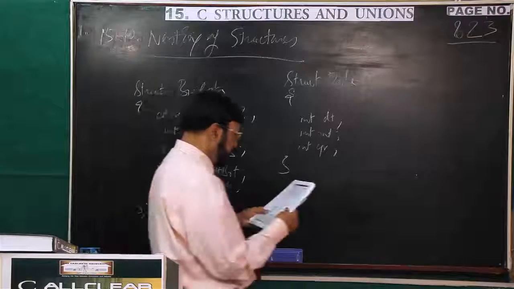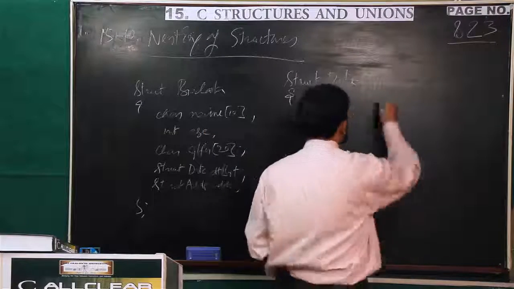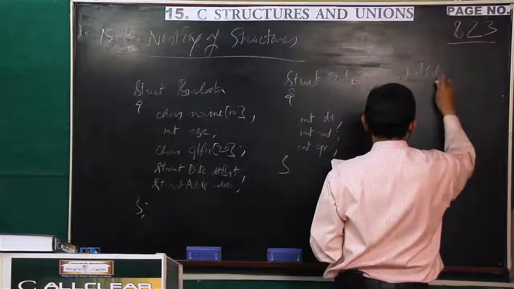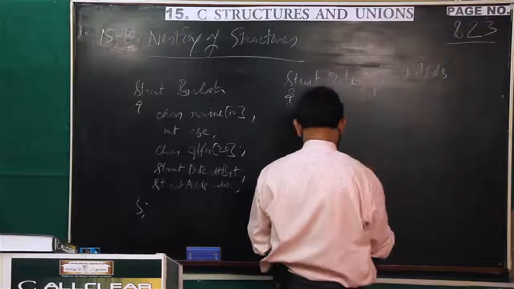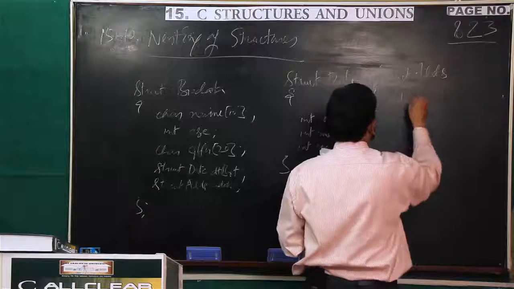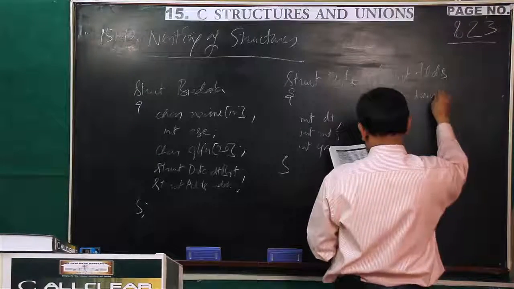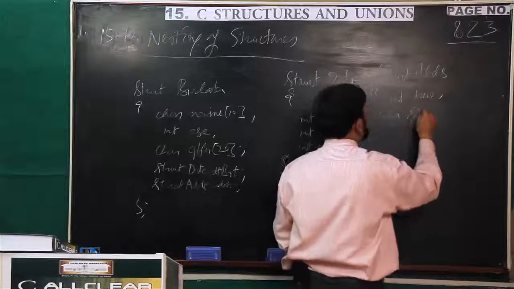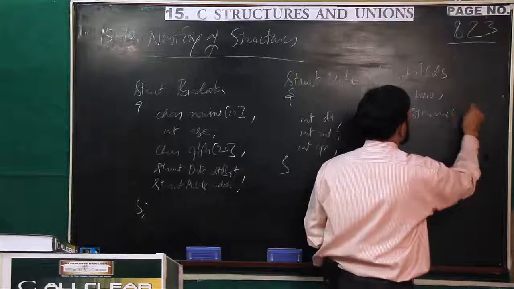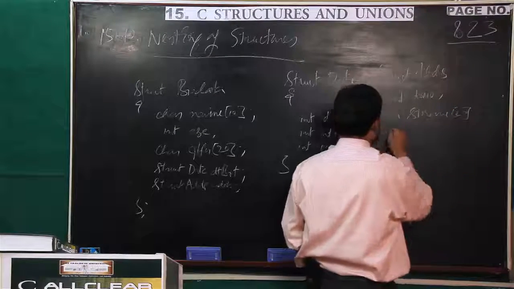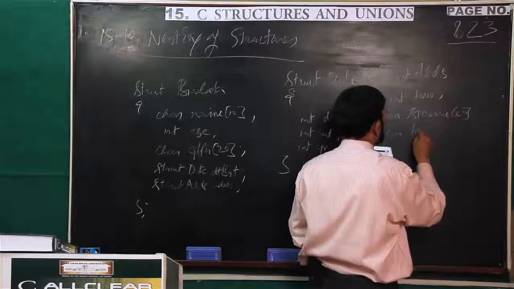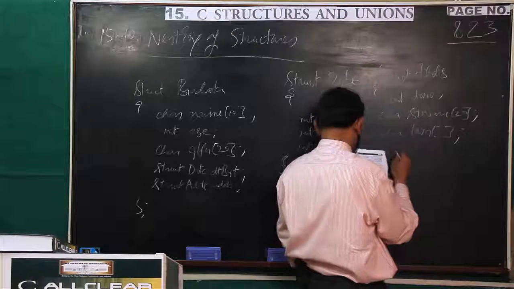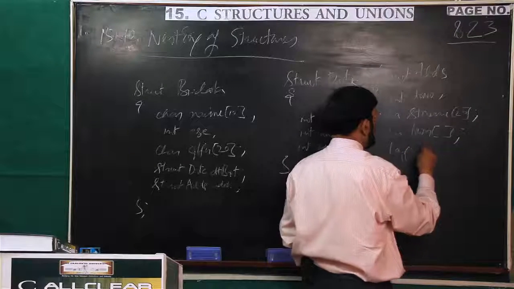In the same way, you see the address structure: struct address, int door number, char street name, char town, next long pin.